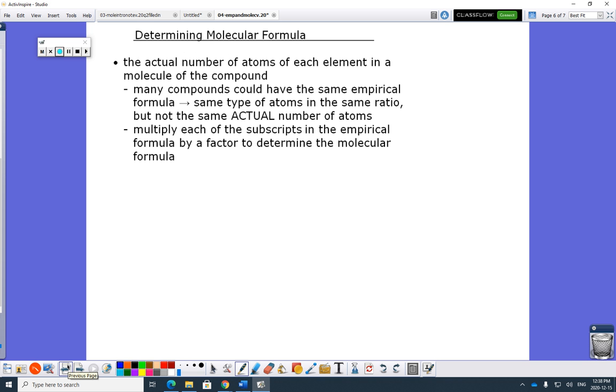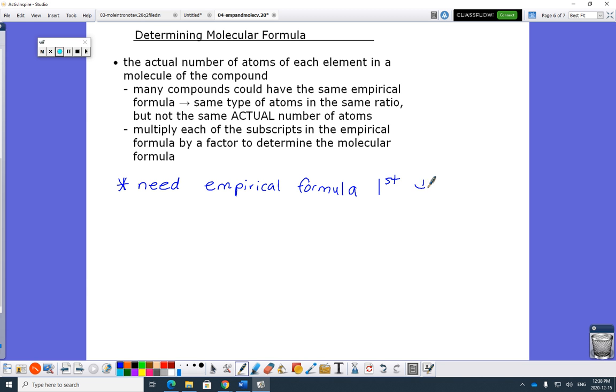Sometimes the question will be like, part A, these are the amounts, find the empirical formula. Part B, blah, blah, blah, molecular formula. So in order to do molecular, you have to have the empirical formula first. So that's one thing you have to be given.